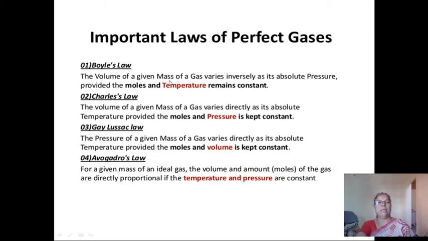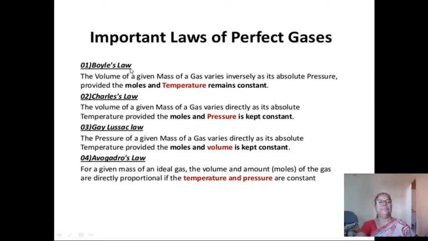And remember well, the ideal gases obey all these ideal gas laws at all conditions of temperature and pressure, and the gases which do not obey the ideal gas laws at all conditions of temperature and pressure are called non-ideal gases or real gases.